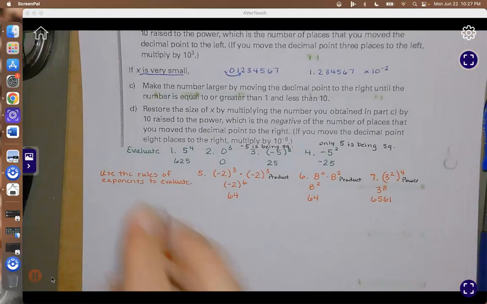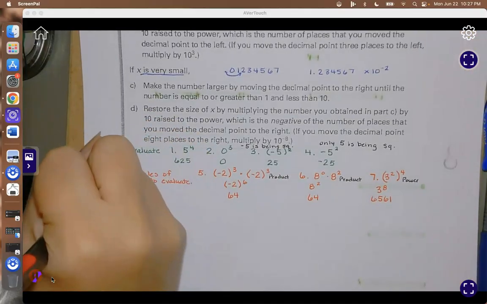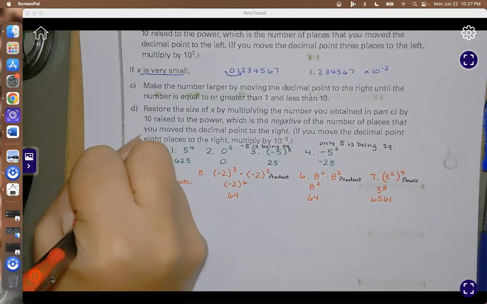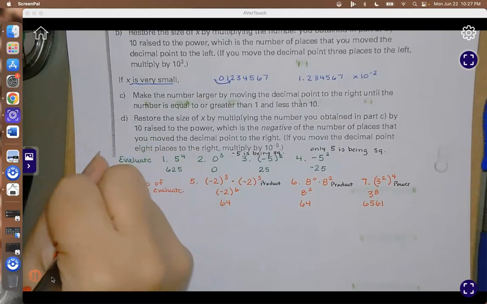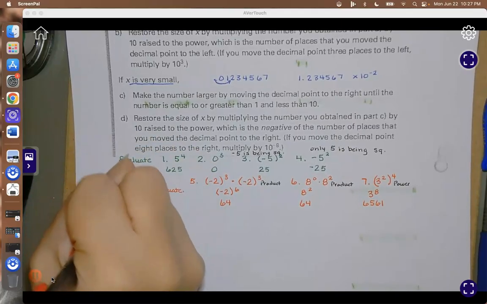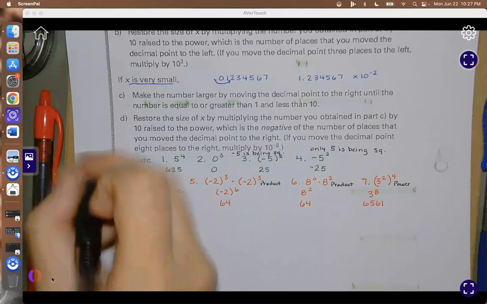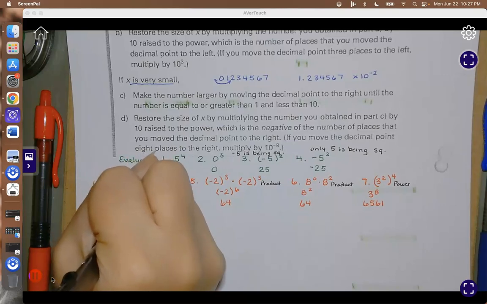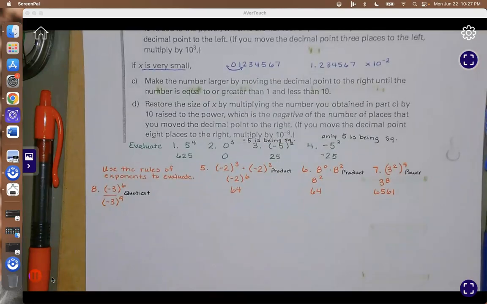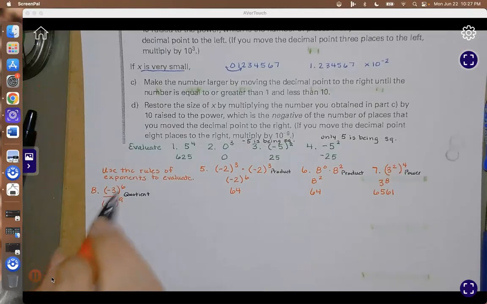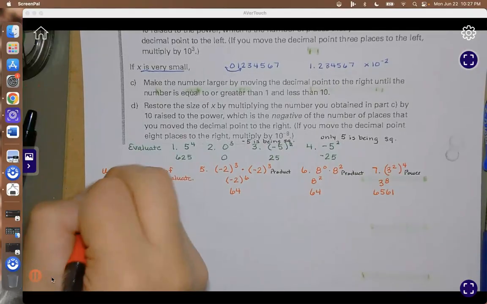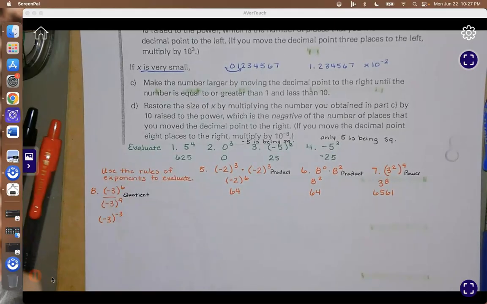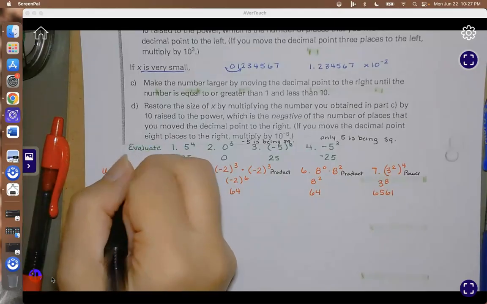Now, let's do number 8 right here. -3 to the 6th over -3 to the 9th. Okay, this one's a quotient rule. Okay, so that means we subtract our powers. So 6 minus 9 is -3. Okay, so now we have a negative power.